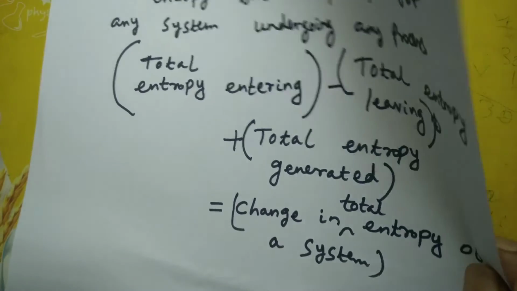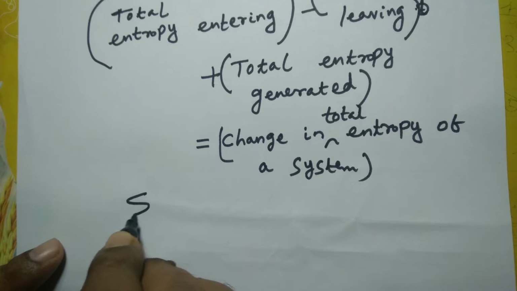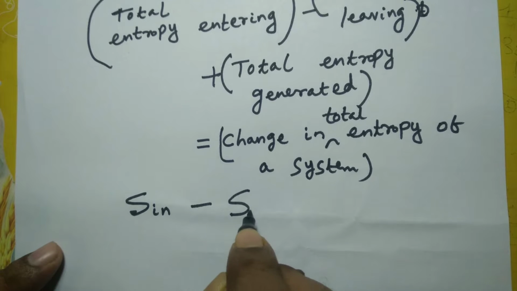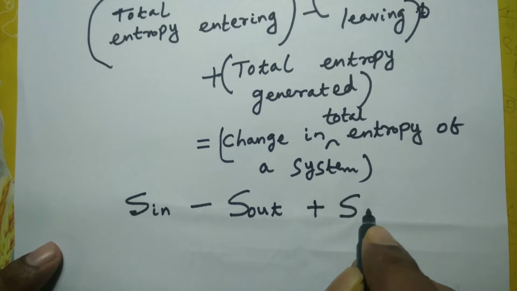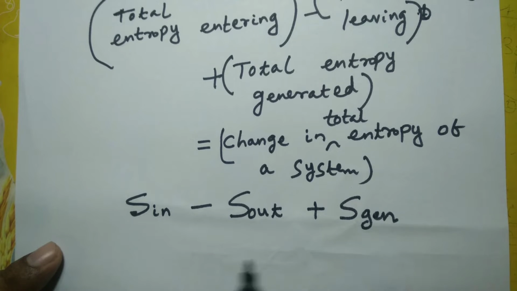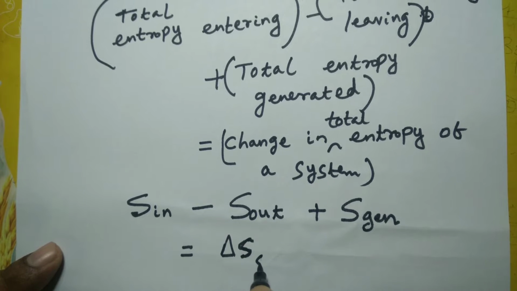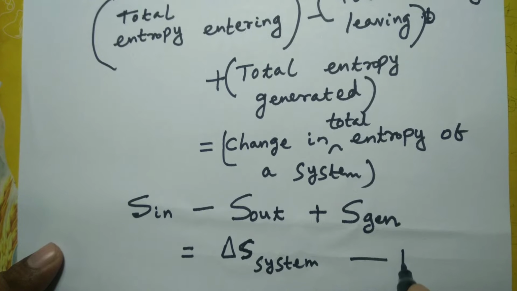So it can be written like this. This is an equation: S in minus S out plus S generated is equal to delta S of system. This is the entropy balance equation.